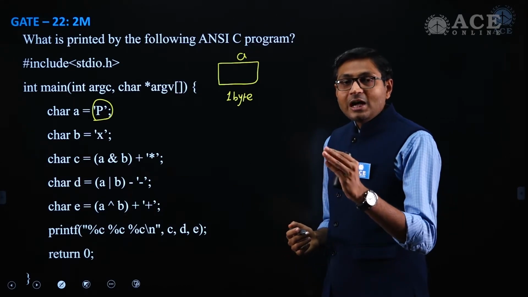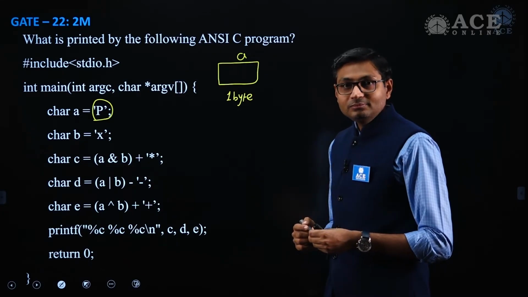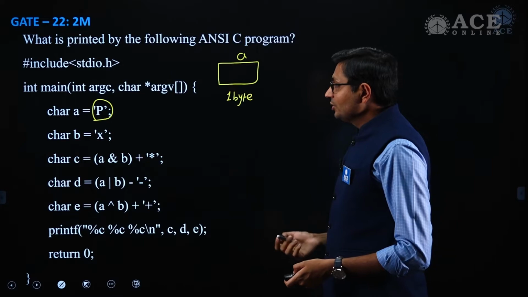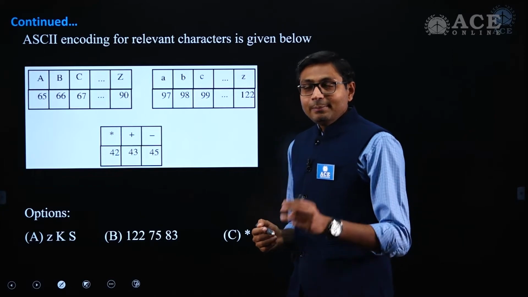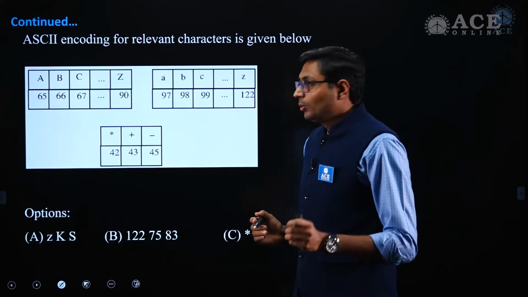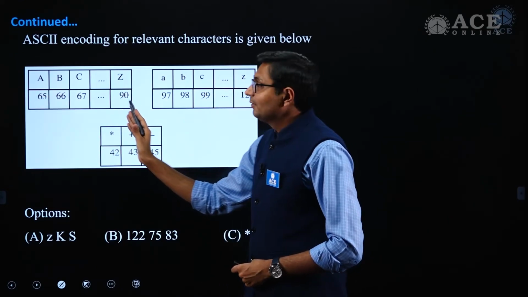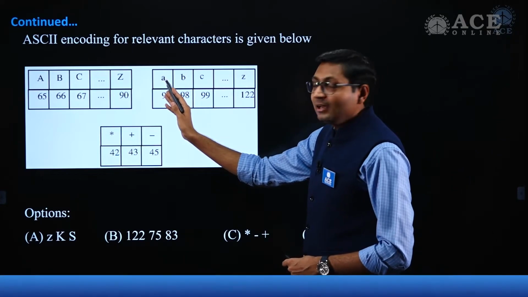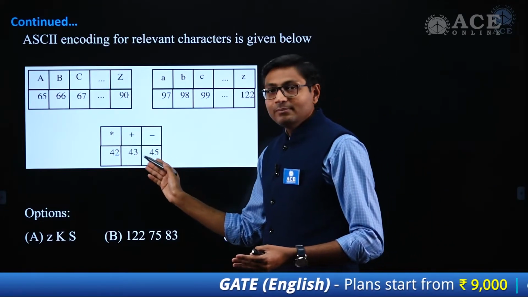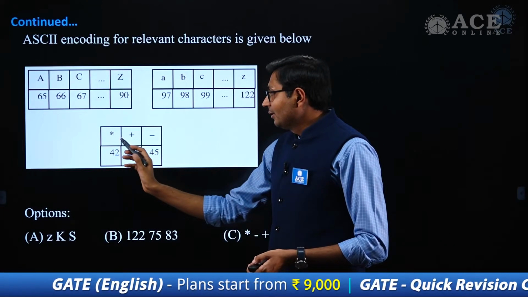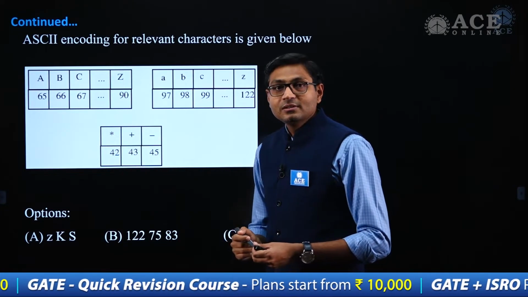Now we know that characters are represented in memory by their ASCII values. Fortunately, in this question, all the ASCII values are given. Even if they were not given, you should know capital A is 65 and the rest you can follow up to Z. Small a is 97, the rest you can follow. You may not remember this, but in this question it is given. The star character, plus character and minus character have these ASCII values.